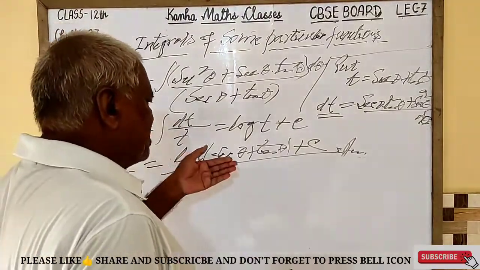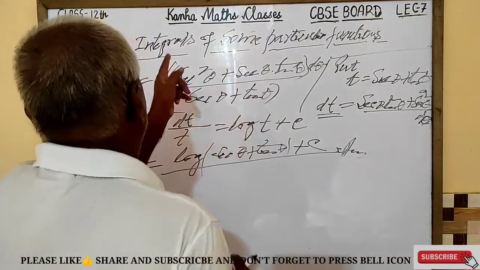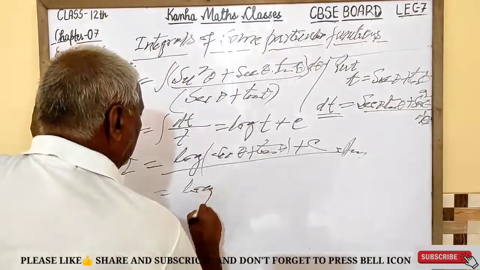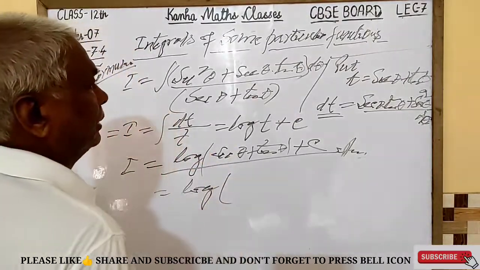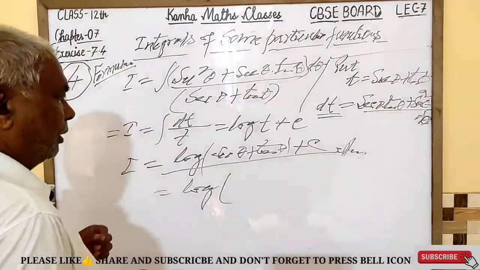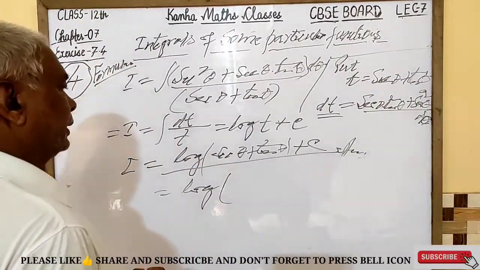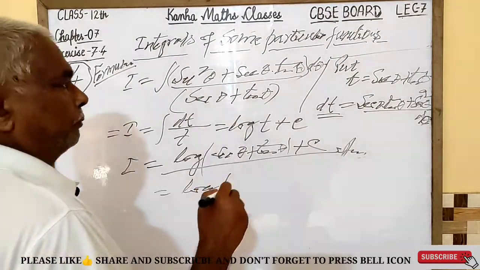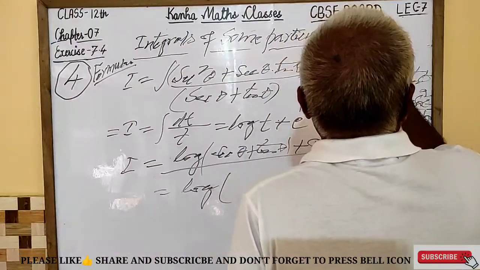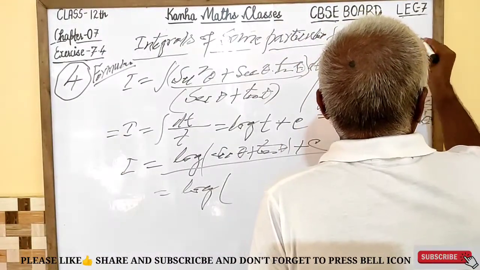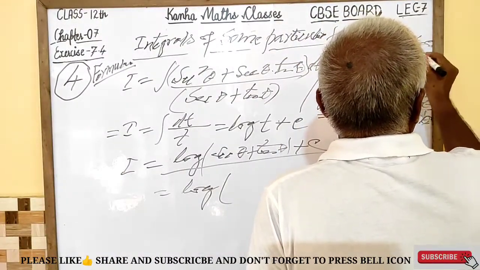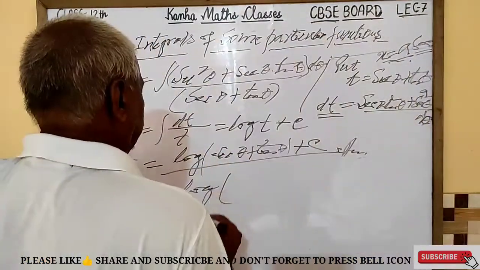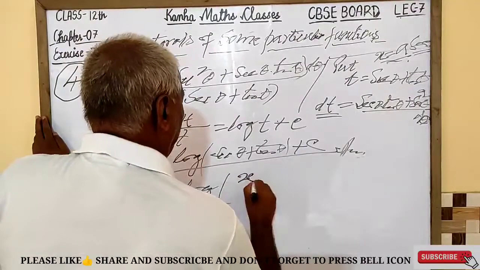We may extend this formula in terms of x. This will be log of sec theta plus tan theta. We have already put x is equal to a sec theta, so sec theta means x by a.